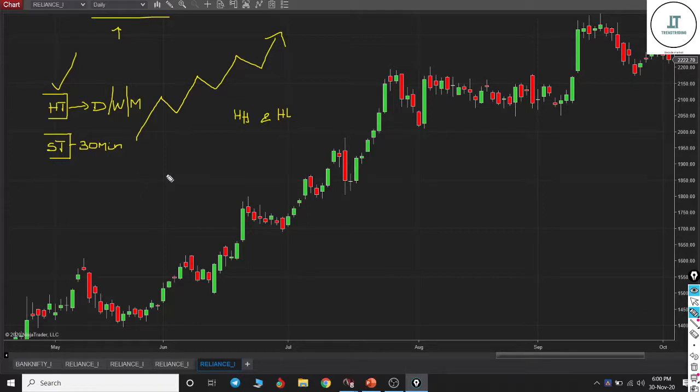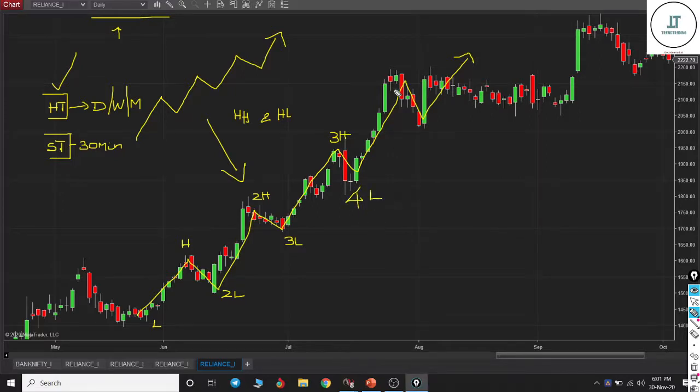So now, as we are discussing the daily time frame, how do we look at the trend? Look at this. The parameter which I was looking for, we are getting it. The same pattern has emerged. This is the first low and first high. Look at this, second low, second high. Third low, third high.